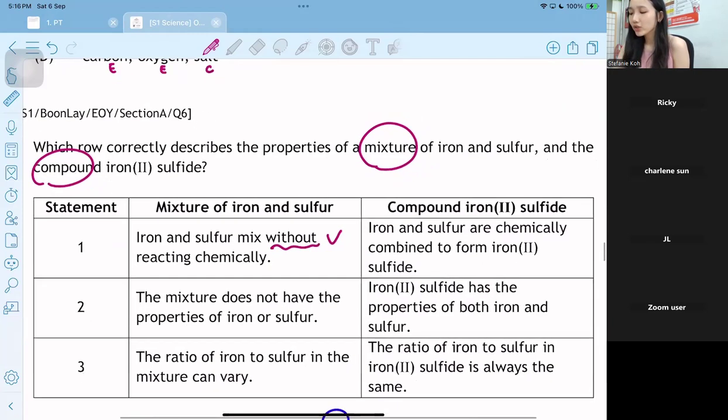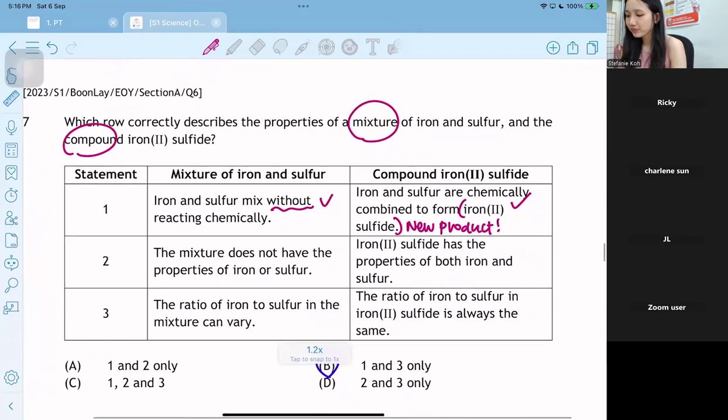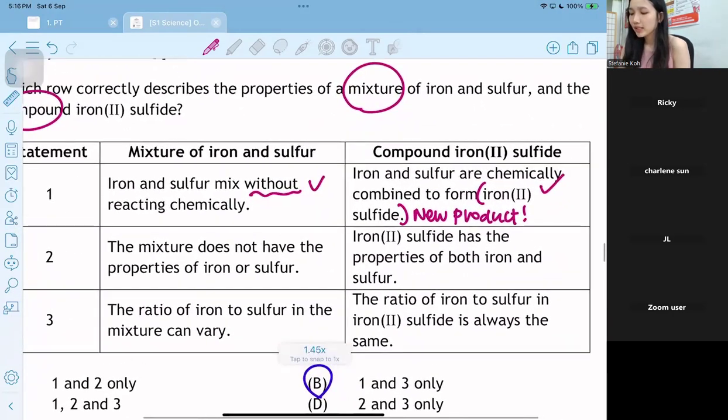Whereas for iron II sulfide, it is a chemical reaction. You form something completely new, a new product. So statement 1 is correct. Next, statement 2. It does not have the properties of iron and sulfur? So for mixtures, this is wrong.